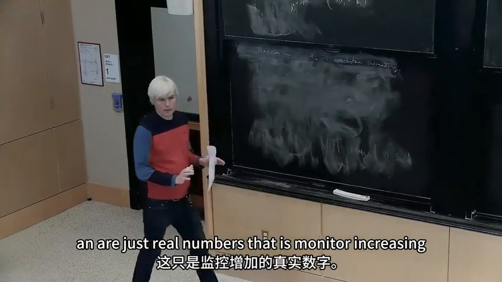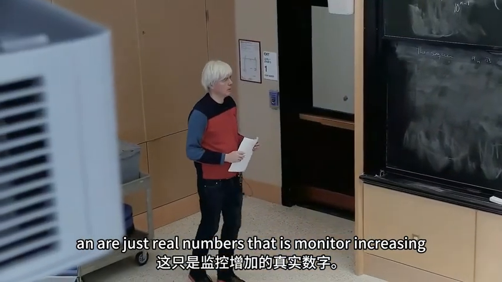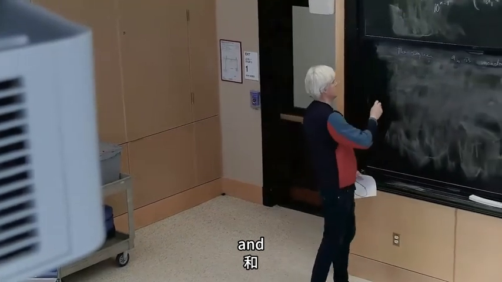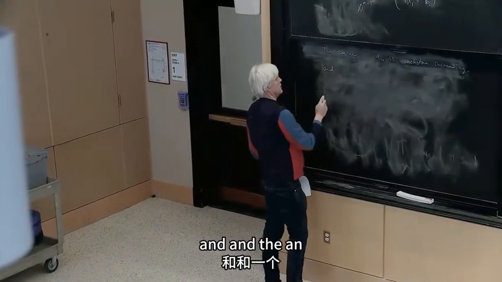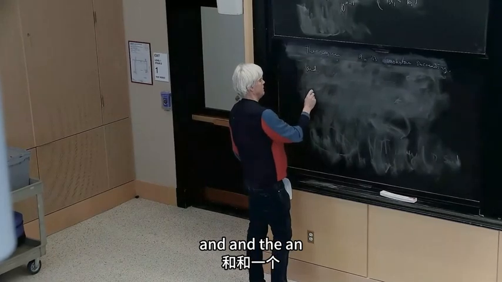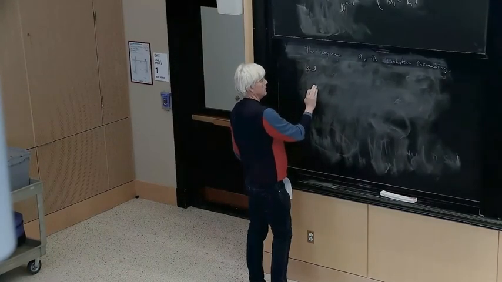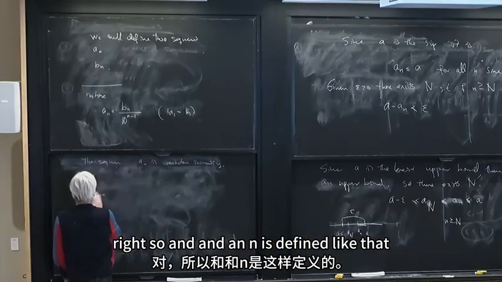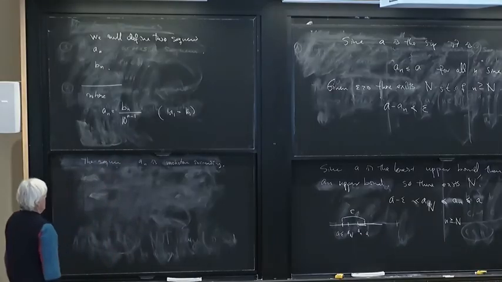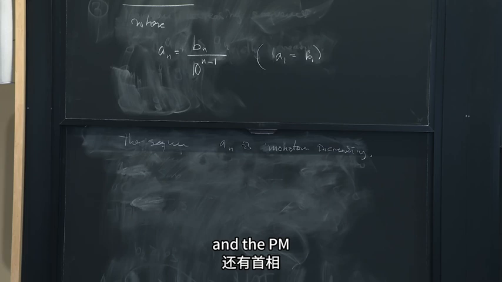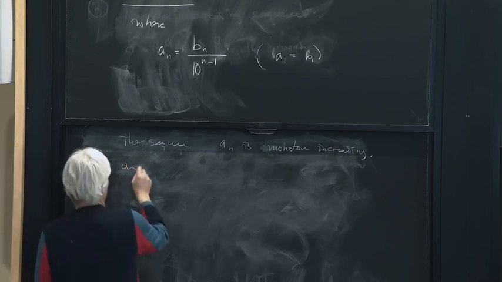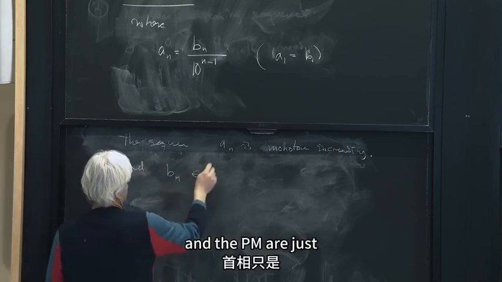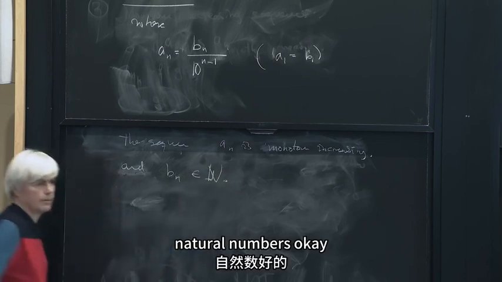AN are just real numbers, and BN are just natural numbers.